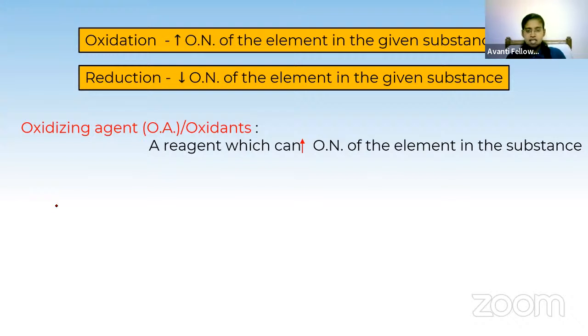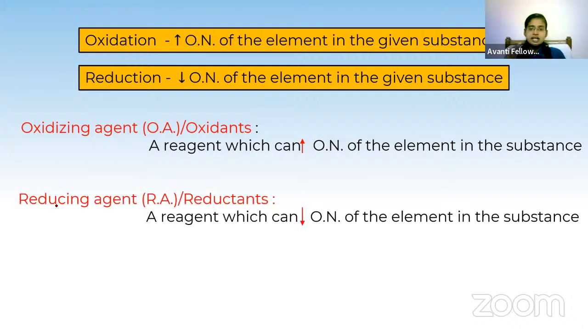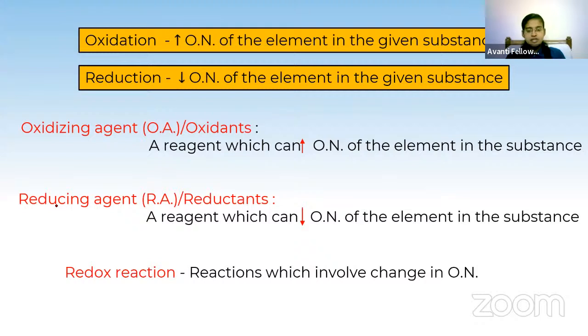And a reducing agent is a reagent which can decrease the oxidation number of the element in the substance. We all know that a redox reaction is a reaction which involves a change in oxidation number. Now let us see the oxidizing agent and reducing agent using one example.